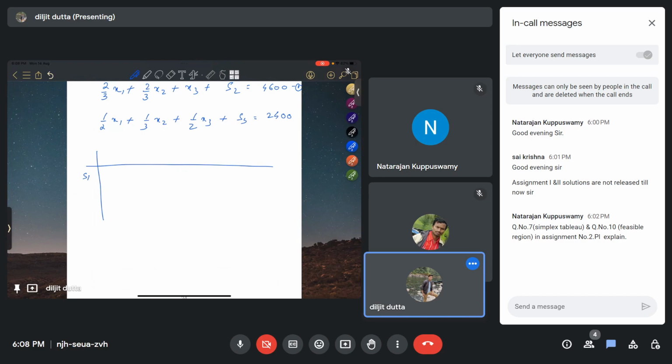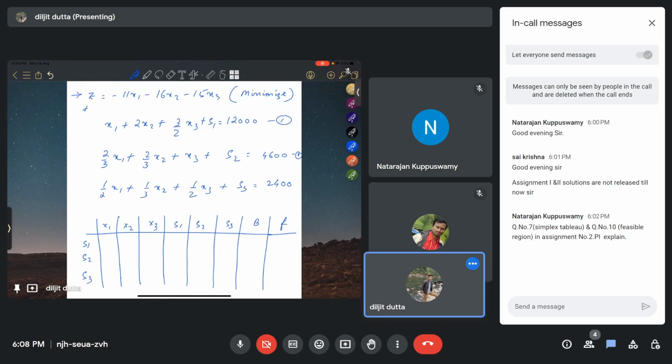So we have s1, s2, s3. Okay, let us make it like this. We will write the equations. We have x1, x2, these are non-basic variables. Then x3, we have s1, s2, s3, we have b, and also we have f. So initially, what is the first constraint?